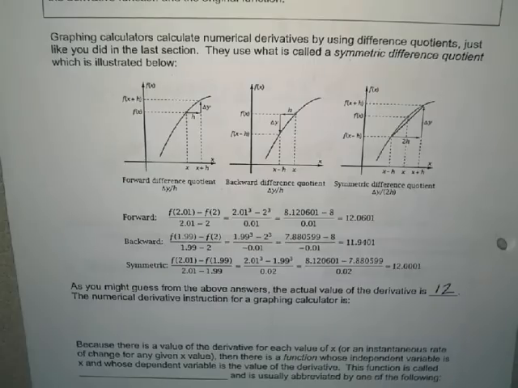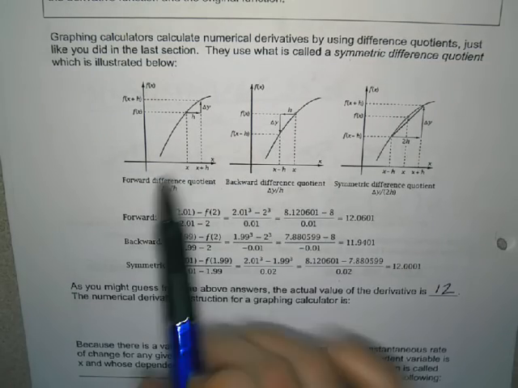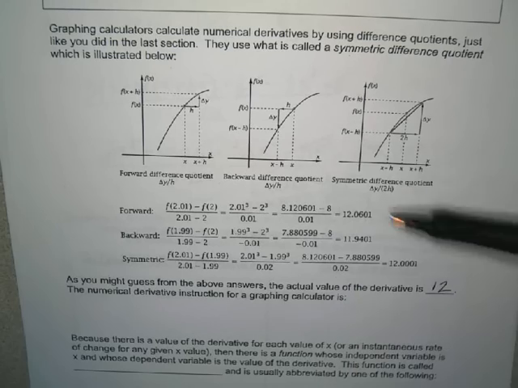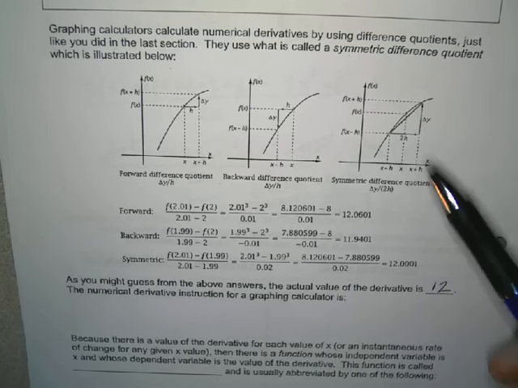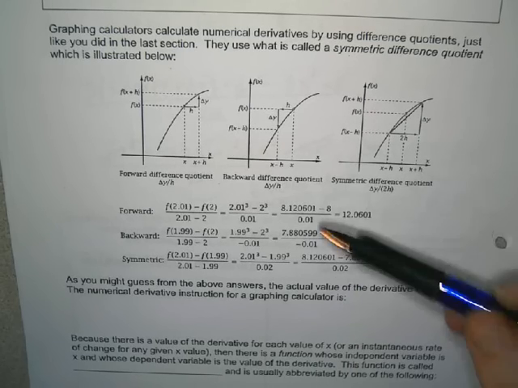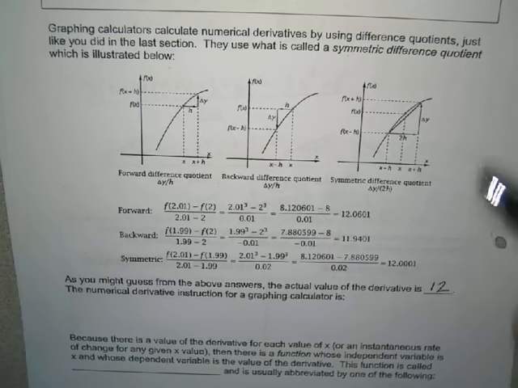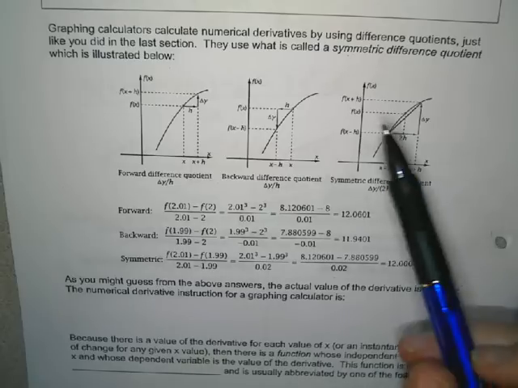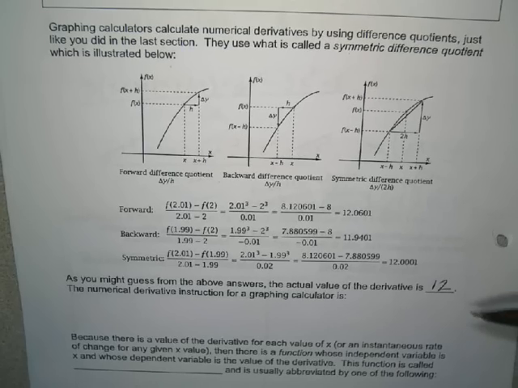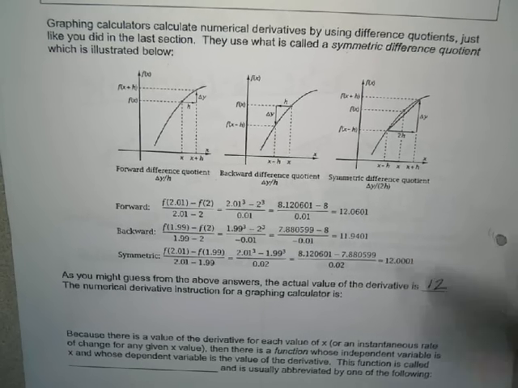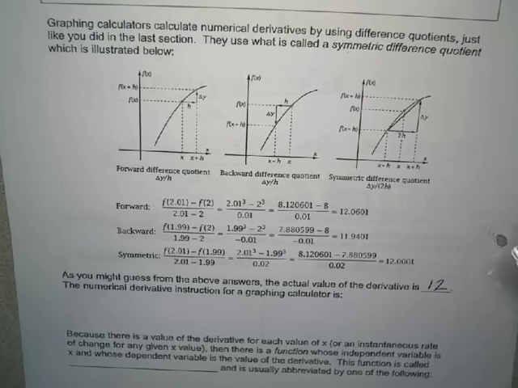So, taking your graphing calculators. And I didn't spend a lot of time on these graphs. These graphs just represent finding the tangent line or the slope of the curve, the estimation, using 3 different types of values. And your calculator does the same thing, basically, by calculating all 3 and then punching out a number that gives you an estimation of the derivative.